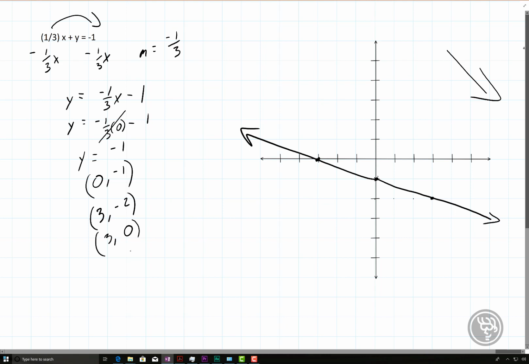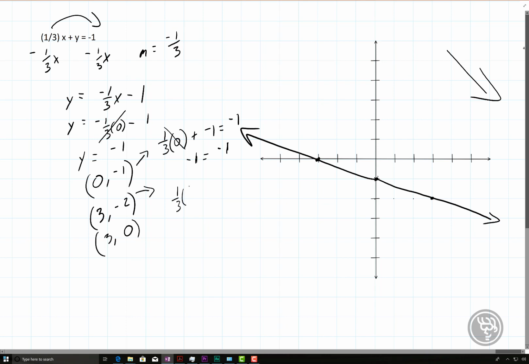So these all should satisfy the equation. Okay, if we plug in this equation, we have minus 1/3 of x, plus minus 1 equal to minus 1. Well, this goes away, and minus 1 is equal to minus 1. So that point works.